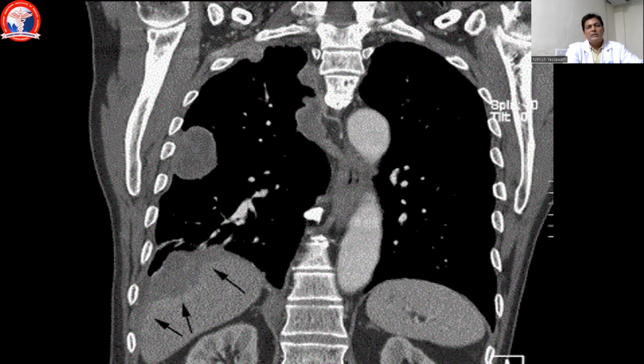These soft tissue lesions are showing heterogeneous enhancement, and they are on the pleura basically. So these lesions are metastatic lesions.